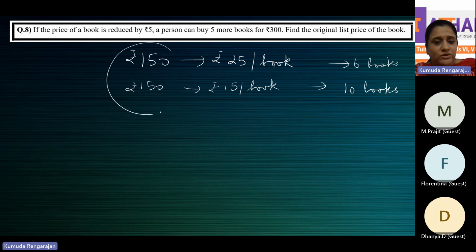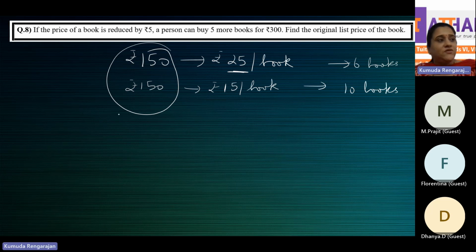You have 150 rupees with you, the price per book is reduced by 10 rupees, then you are able to buy 4 more books for 150 rupees.